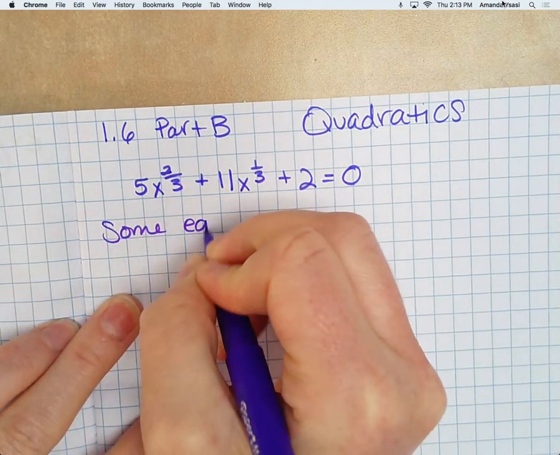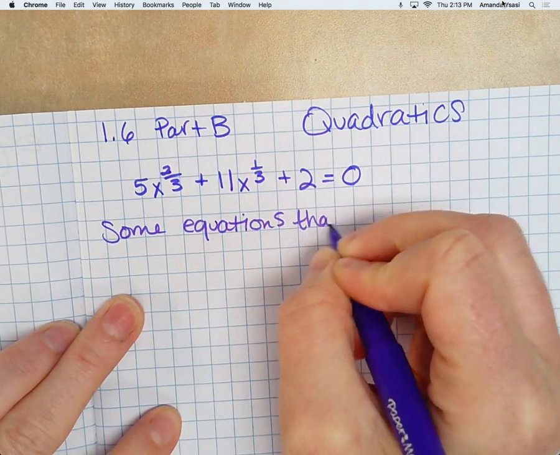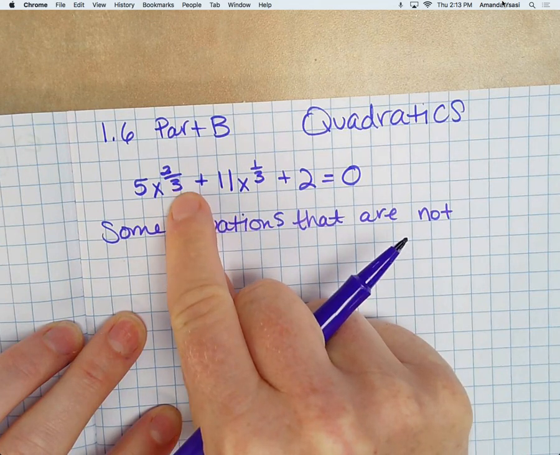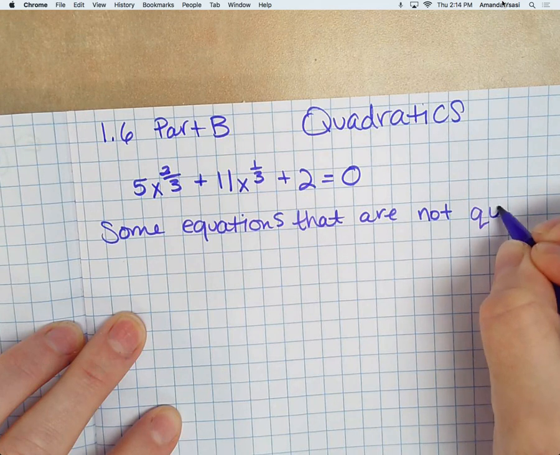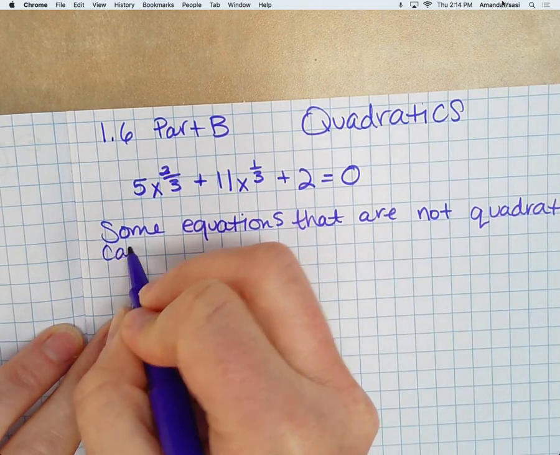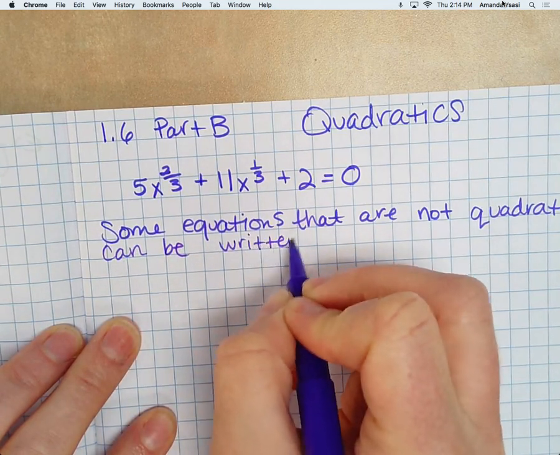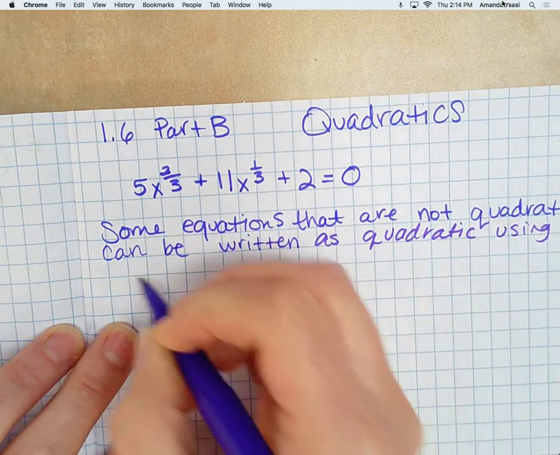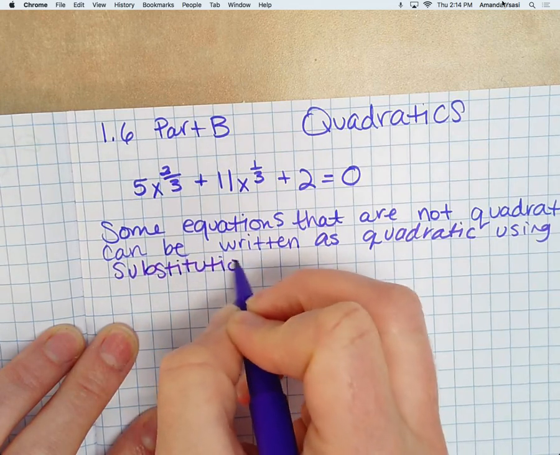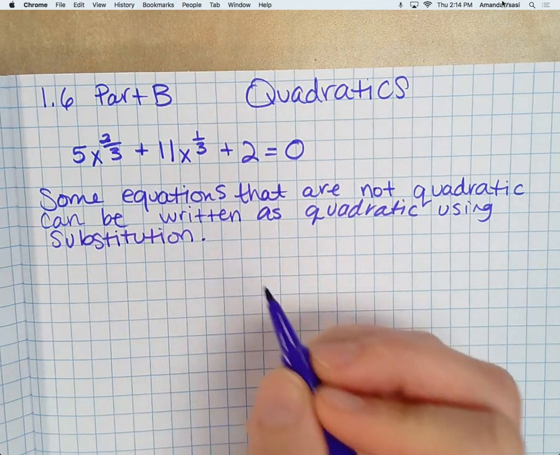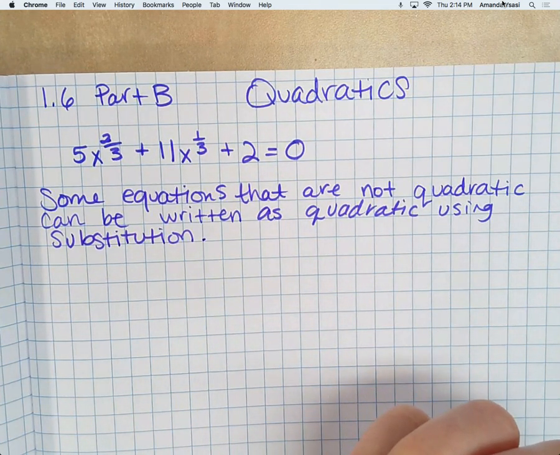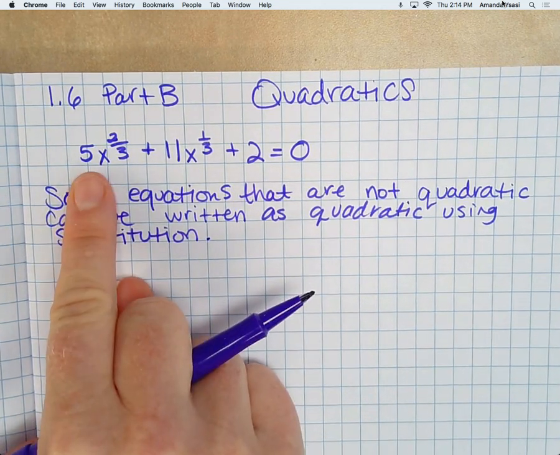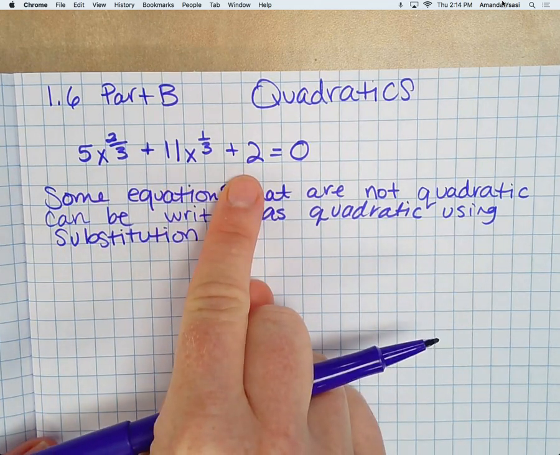Some equations that are not quadratic. So when we have a quadratic, we have the first term, it's ax squared plus bx plus c equals 0.